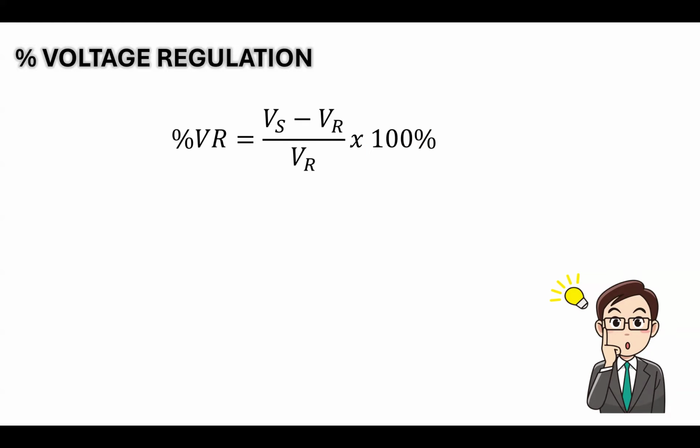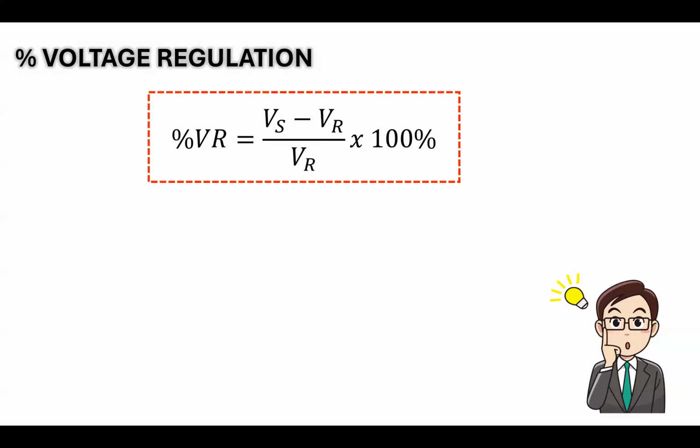The voltage regulation is equals to the sending end voltage minus the receiving end voltage all over the receiving end voltage multiplied by 100%. So, ito ang ating equation na gagamitin to calculate the percentage voltage regulation.